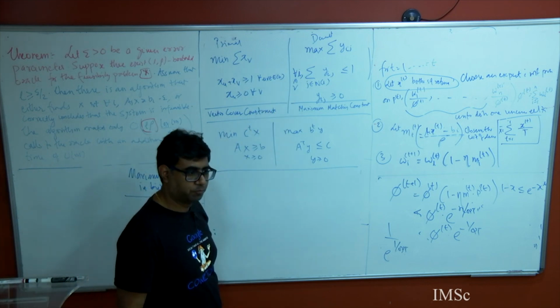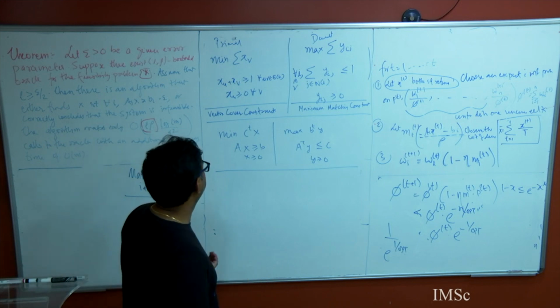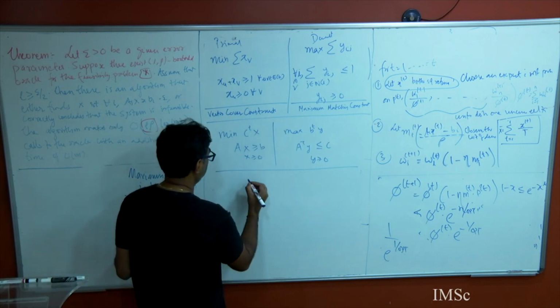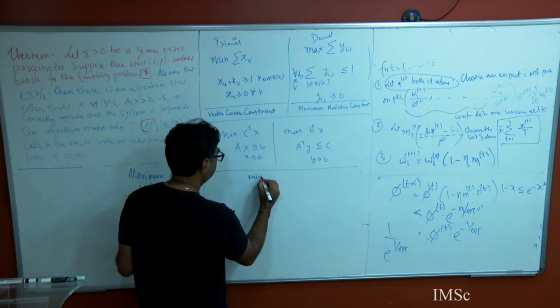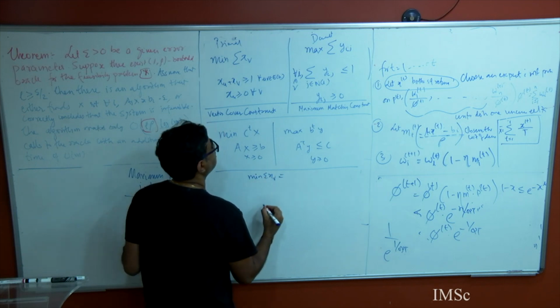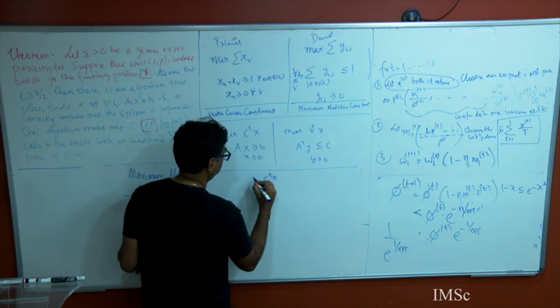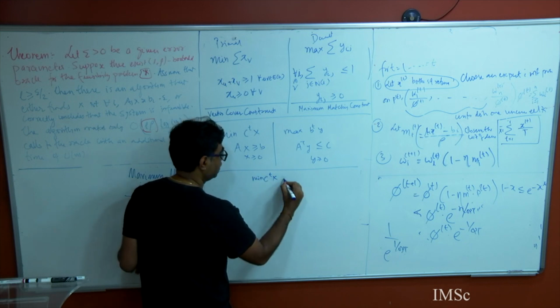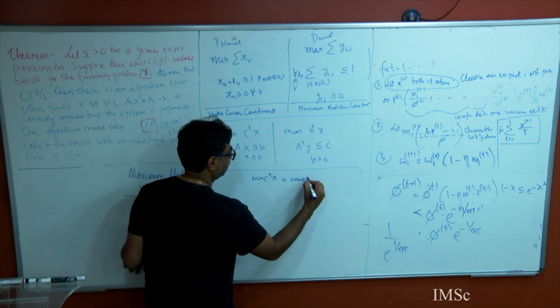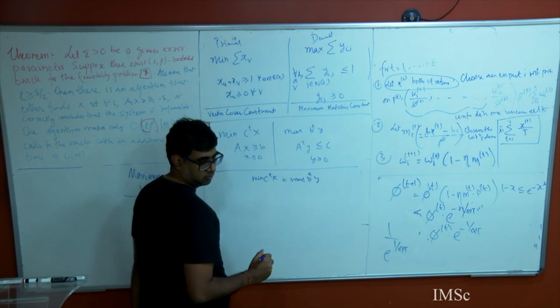Now, what do we know from LP duality? We know that the min of C transpose x is equal to the max of B transpose y.